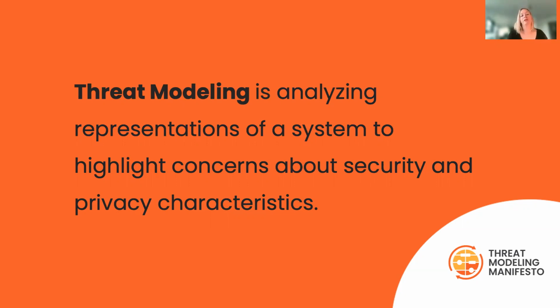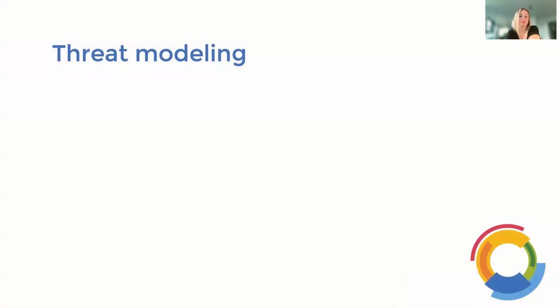This definition of the manifesto describes threat modeling as analyzing a system representation, a system model, to highlight security and privacy issues. In other words, threat modeling is basically thinking about what can go wrong so you can fix it early on before the issue actually occurs.